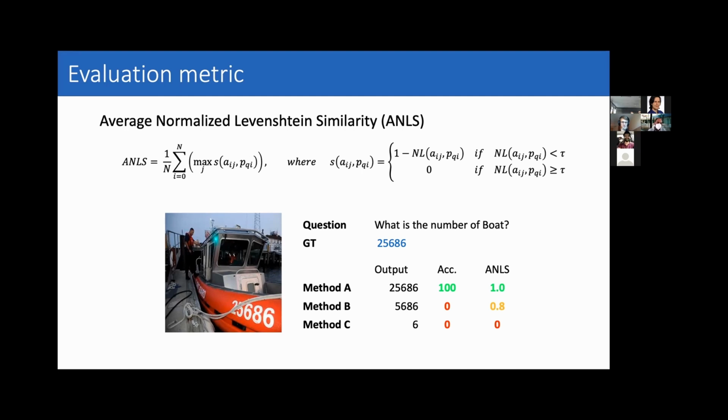If the method provides the correct answer, you get 100% of the score, which is 1. But if you only miss one character, while accuracy just gives 0 because it's not the same, we only penalize that unrecognized character. Finally, thanks to this threshold, which is usually 0.5, if the distance is below it, we assume it's not an OCR recognition error but a reasoning error. So we set it at 0.